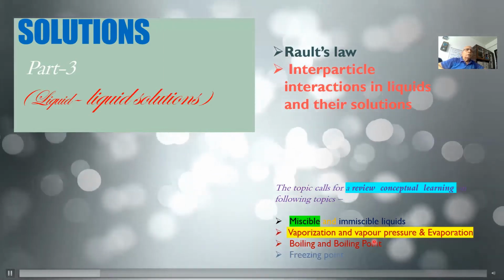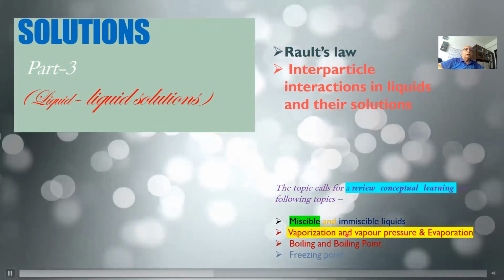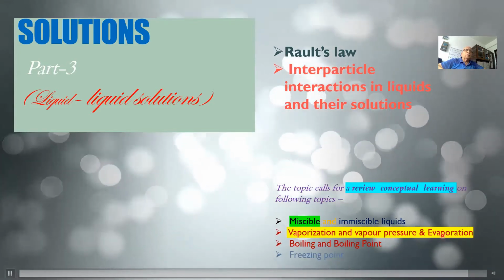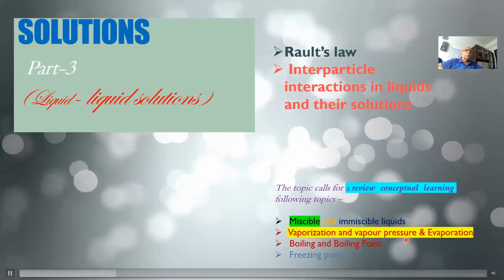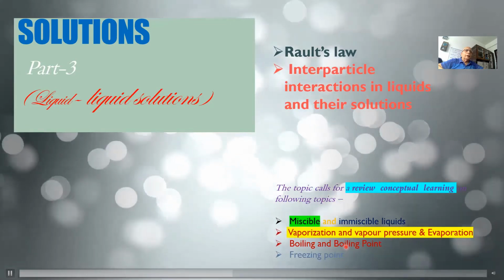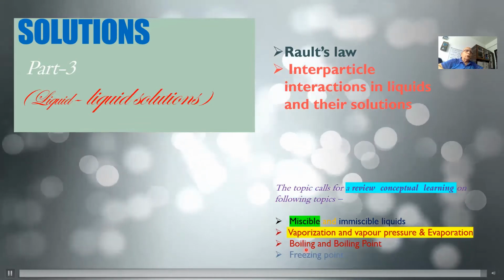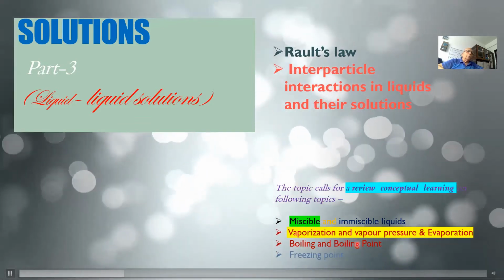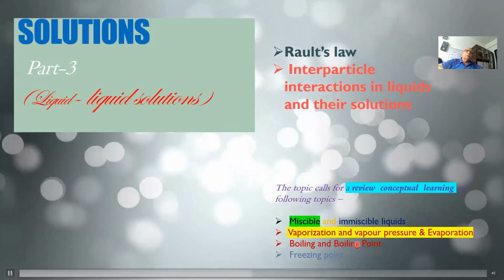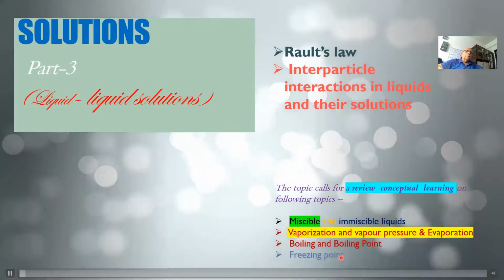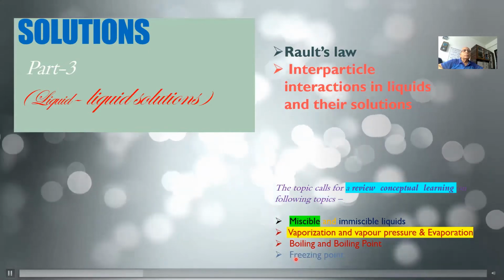Then this vapor pressure or vaporization or this characteristic property of evaporation affects another important property of the solution, and that is boiling and boiling point. What is boiling? And what is meant by boiling point? We have to understand a lot of it. And then freezing point.